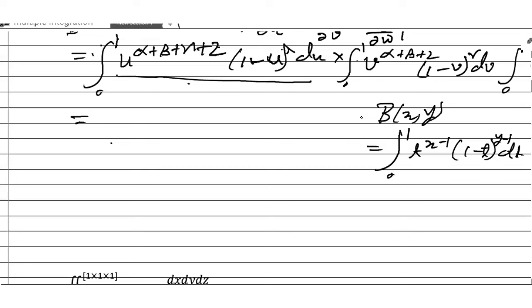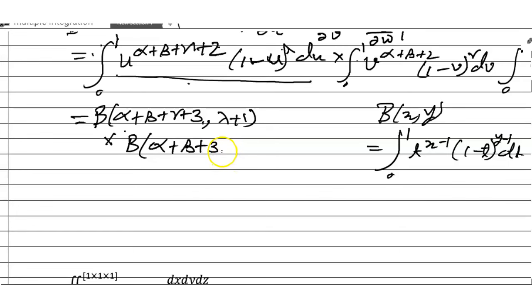So I am just putting the value of beta xy. Whatever I get, beta alpha plus beta plus gamma plus 3 and lambda plus 1 into beta alpha plus beta plus 2 comma gamma plus 1 into beta alpha plus 1 comma beta plus 1.